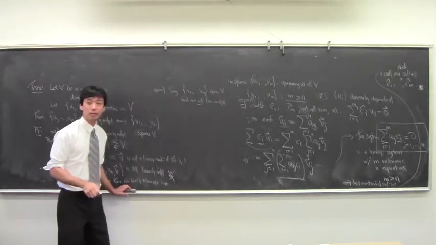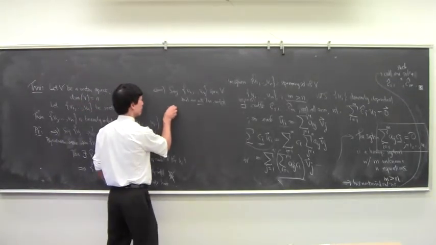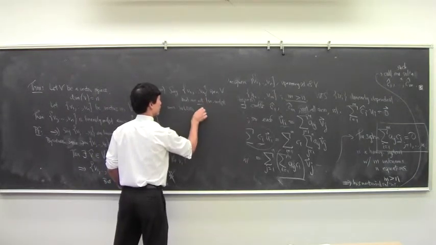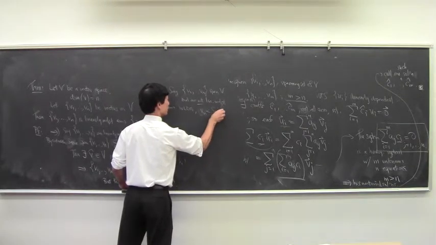In that case, one guy is expressible as a combination of the other guys. Then, without loss of generality, say the last guy is in the span of the previous guys.